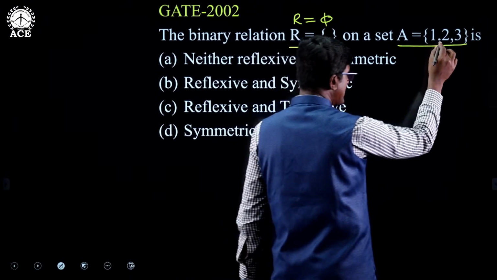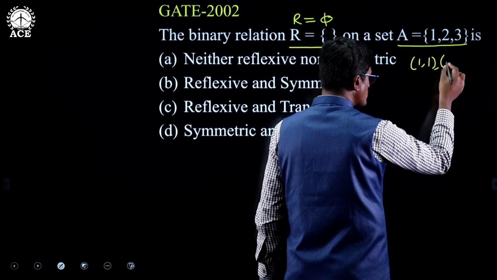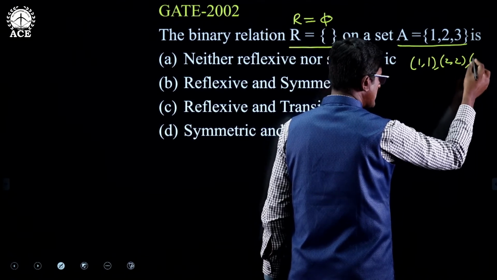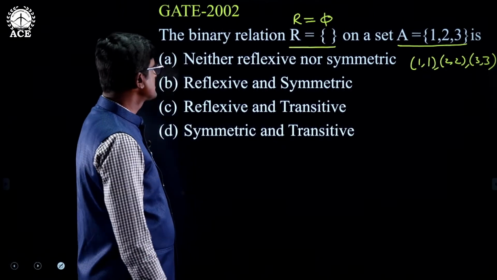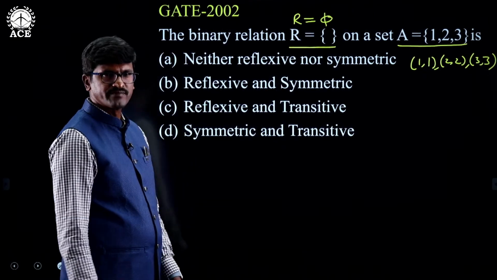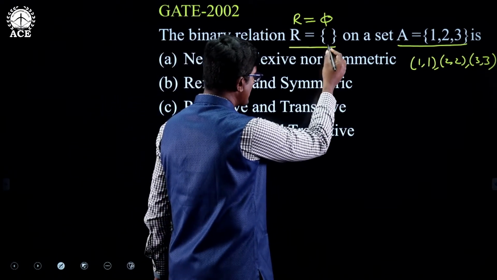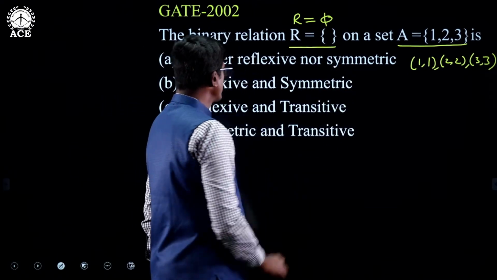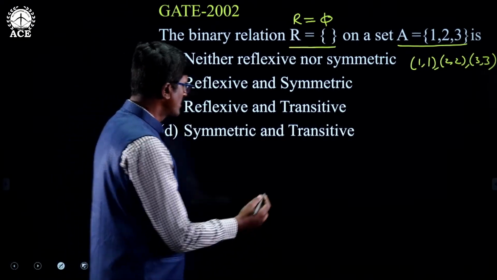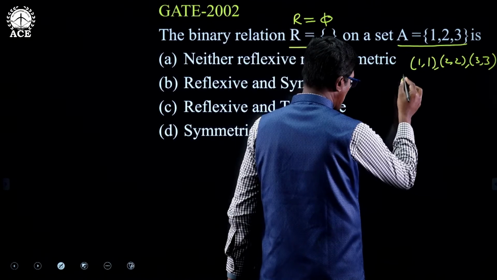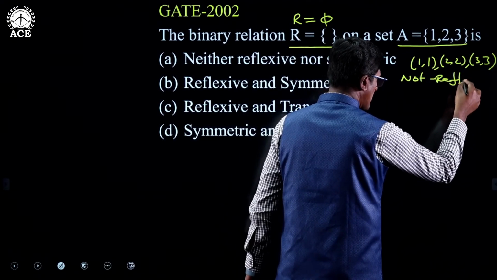If for every element in this set there is 1, 1, 2, 2, 3, 3, then we say that relation is a reflexive relation. So here the relation R has no ordered pairs, therefore that is not a reflexive relation. That is an irreflexive relation. So the given relation is not reflexive.